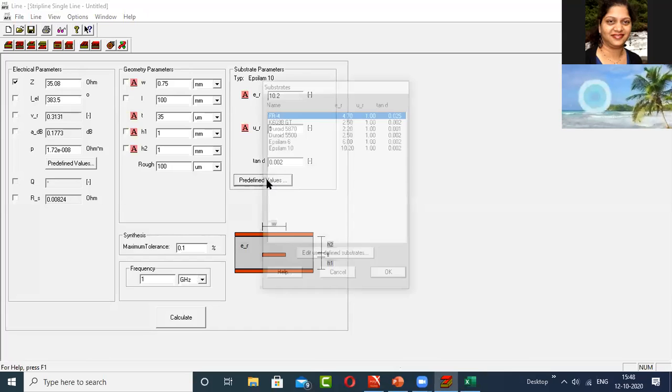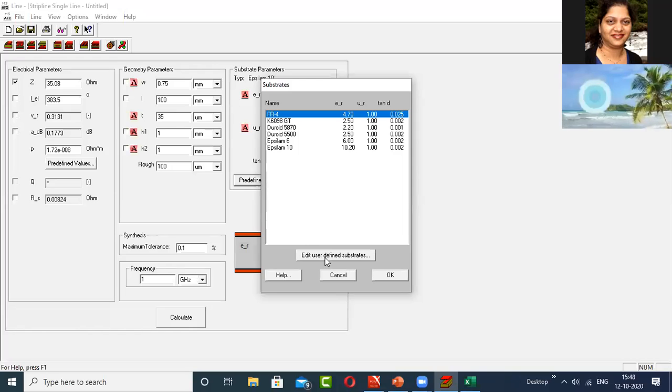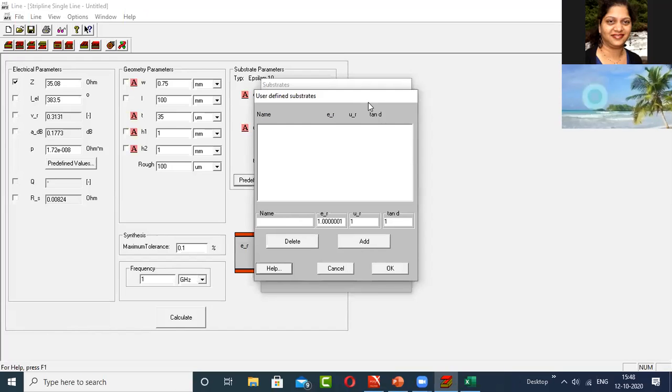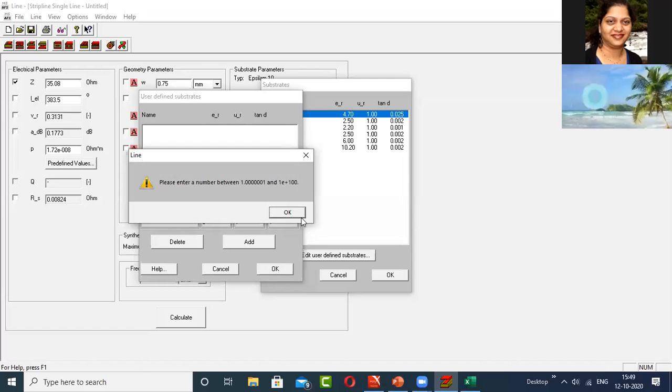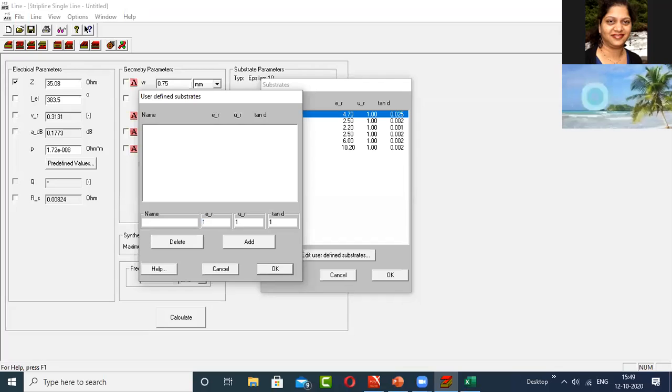So here, if you don't want to use this dielectric constant, or whatever is listed here, you can change it. You can choose your own material, means you can define any random material A, B, C, D like that. You change the dielectric constant, tan D, then mu R, all this can be changed.